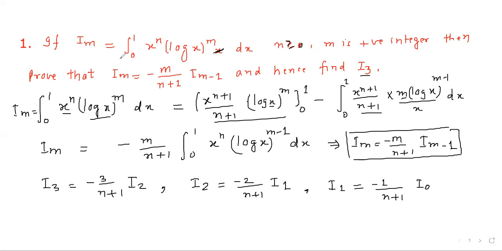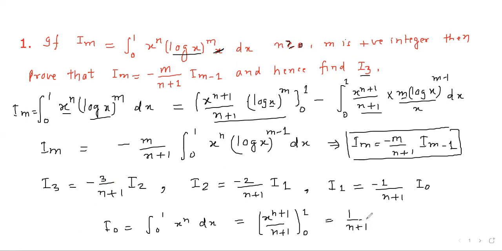Now, what is I_0? We can get I_0 from here. I_0 will be equal to integration 0 to 1, this term will become 1, so x^n dx will be there. We integrate it, so we get x^(n+1) upon n plus 1, limits 0 to 1. So this will give 1 upon n plus 1.